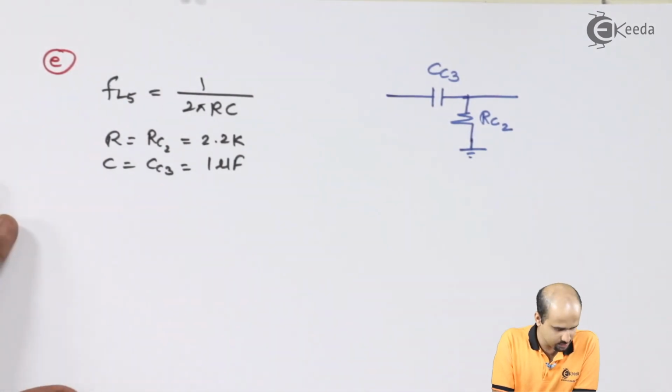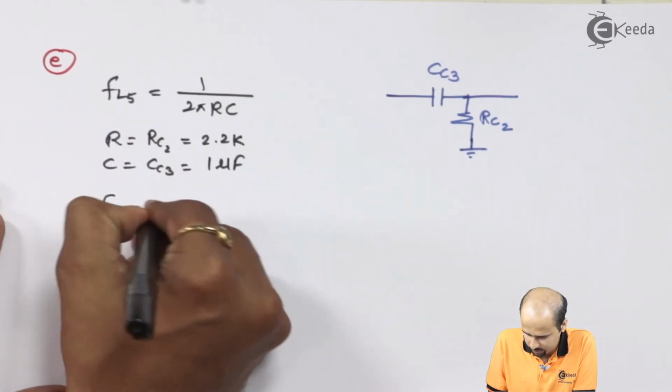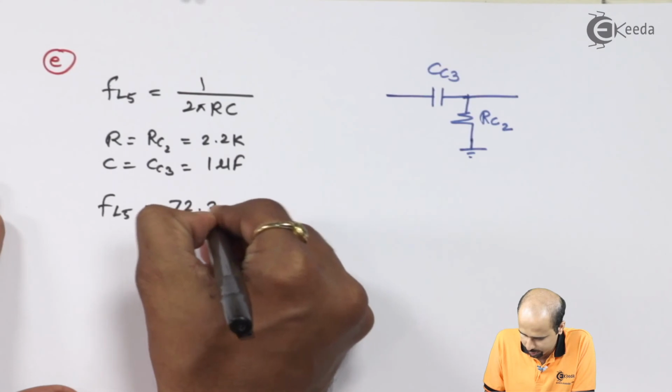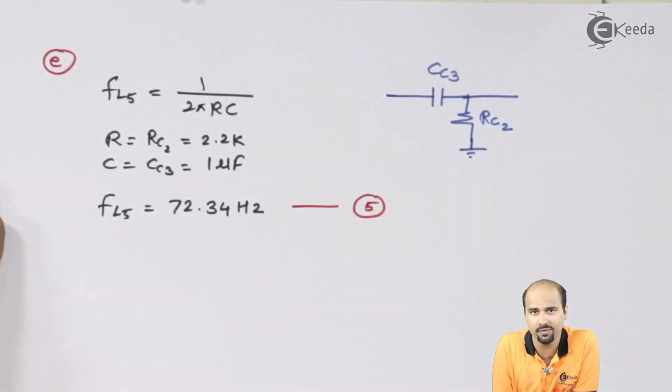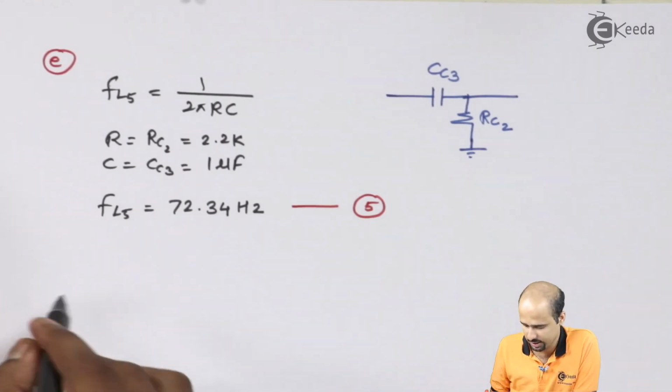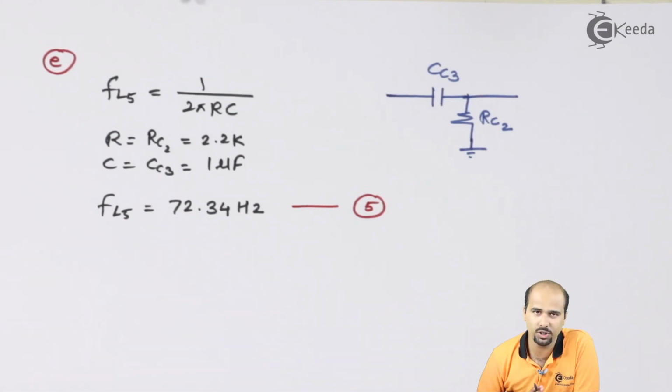So the value is 72.34 hertz. So FL5 is equal to 72.34 hertz. So far we have discussed all the values of frequencies for each and every RC circuit. Now the time has come to decide which particular frequency we have to take as the low cutoff frequency for my entire circuit.